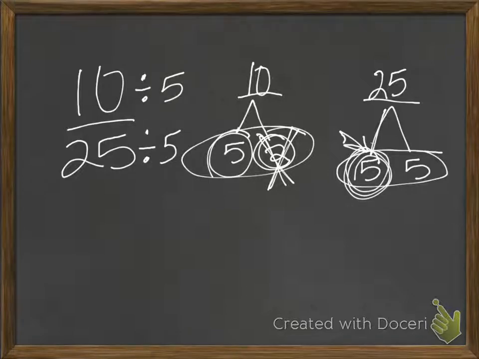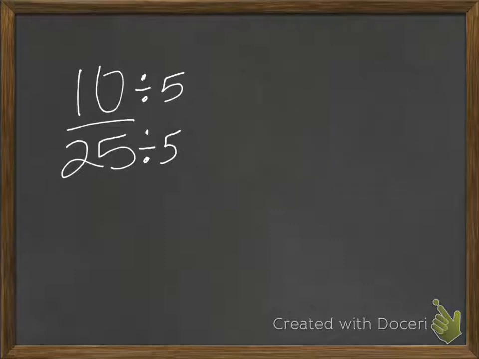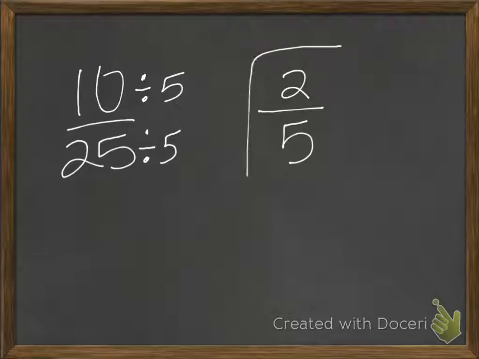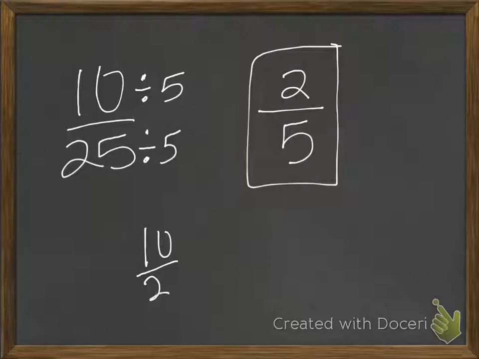So 10 divided by 5 equals 2, and 25 divided by 5 equals 5. Now, there is nothing that can go into 2 and 5 that are the same. We cannot make this any smaller. So our simplest form of 10/25 would be 2/5.